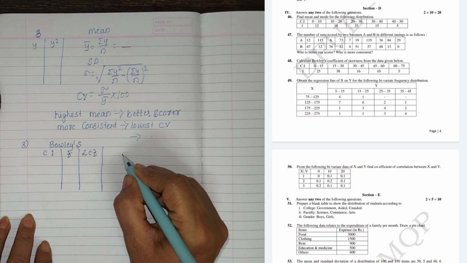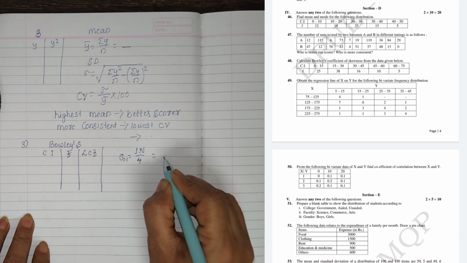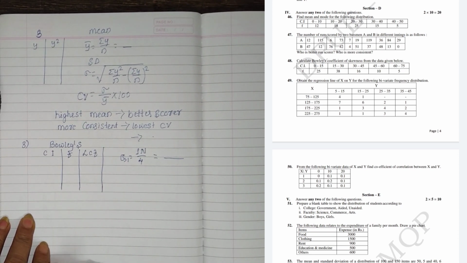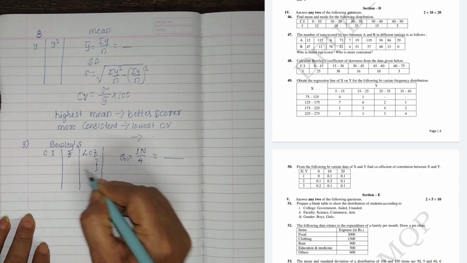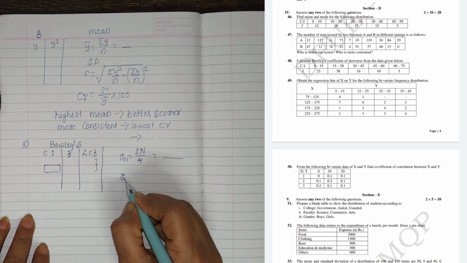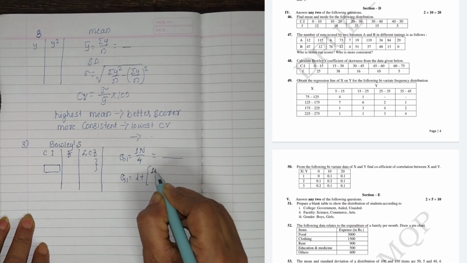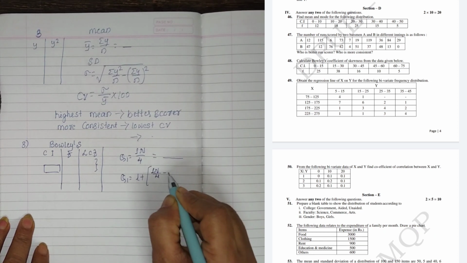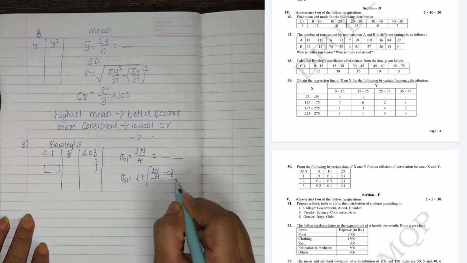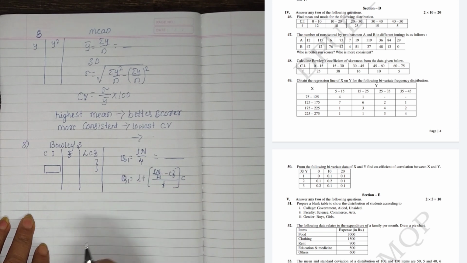Then you have to calculate Q1 is equal to 1n by 4. Okay, then you get one class interval, if it comes in between this, then you take that class interval. Then Q1 is equal to L plus (1n by 4 minus CF) divided by F into C. You have to calculate Q1.